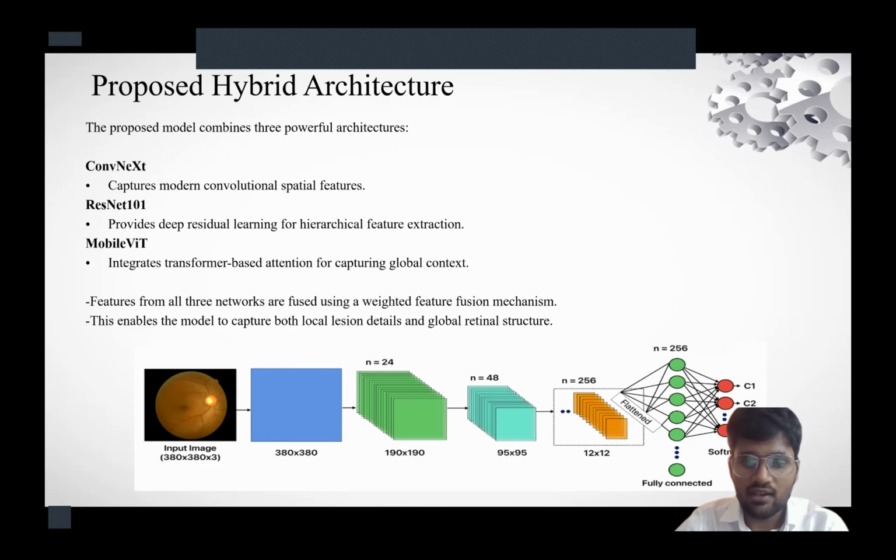ResNet 101 extracts deep features using residual learning, and MobileViT integrates transformer-based attention to capture global image context. Features from these three models are fused together using a weighted feature fusion mechanism. This approach allows the model to capture both local retinal lesions and global structural patterns, improving classification accuracy.